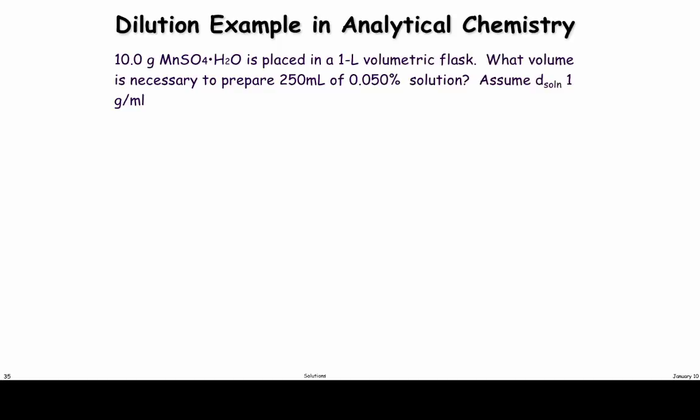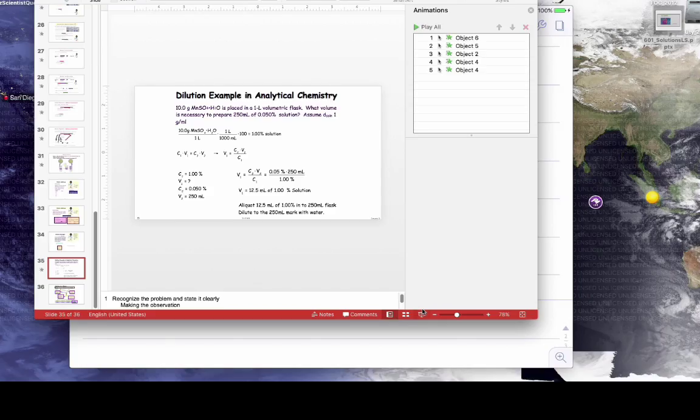So what we have is 10 grams of manganese sulfate, and it's placed in a 1 liter container, and we need to know the volume of this solution to prepare 250 milliliters of a 0.050% solution. Let's take a look at that problem.